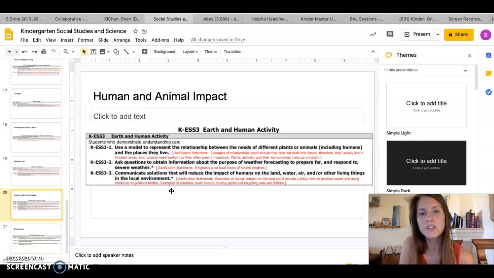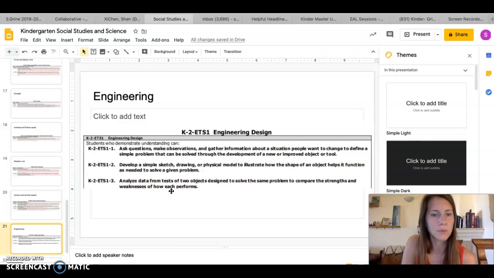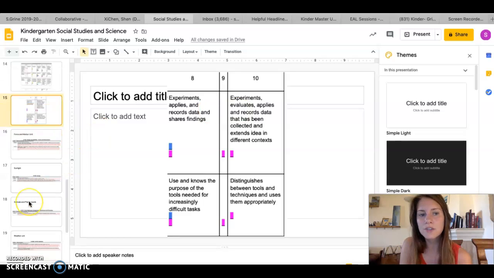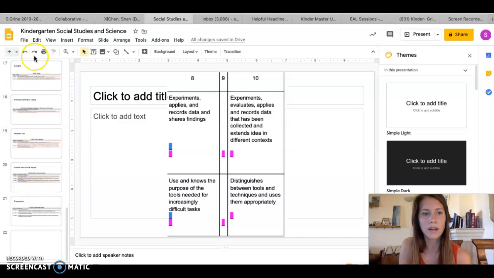And so we do have a unit on that, but again, it's not really based on collecting data, but I think it can be adjusted to be so. And then we have our engineering unit, which is also great for experimenting, because you try different things and you can mark on data if it worked or not. So the science, I don't think actually needs to change. We're able to continue to teach in different contexts, like it says there, which is great. So I think this one is good.